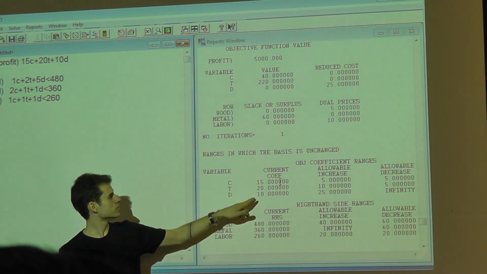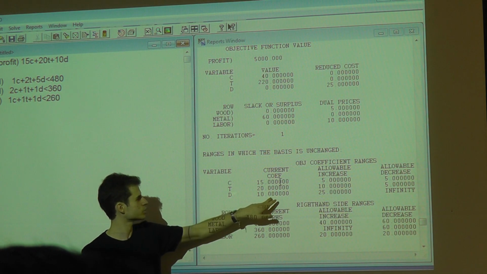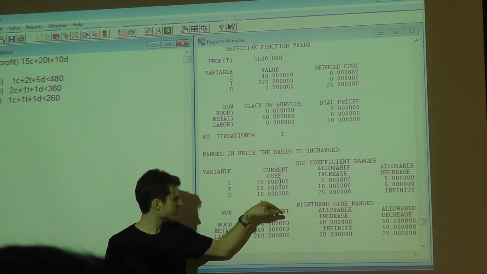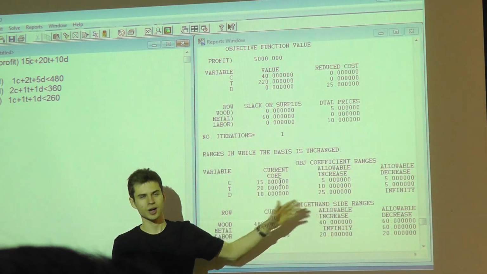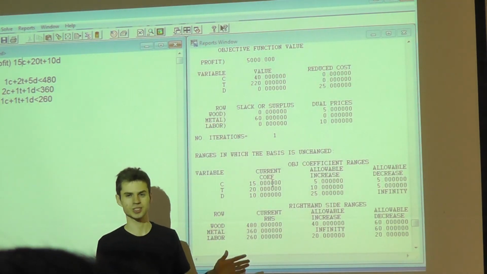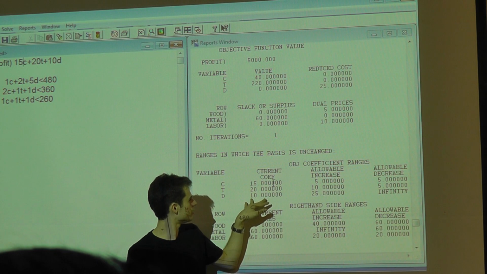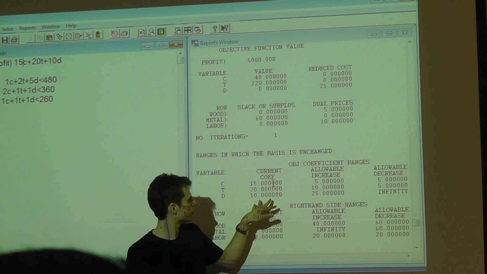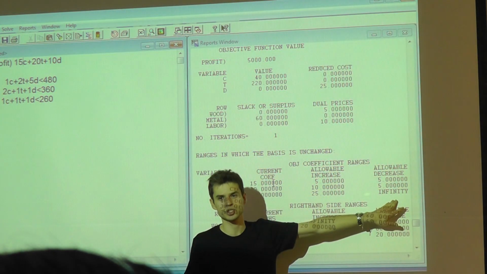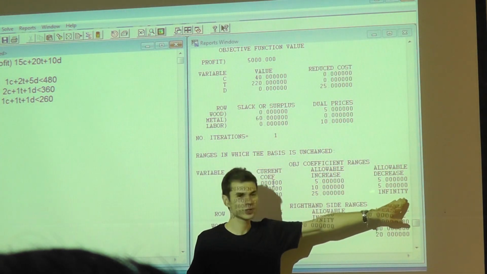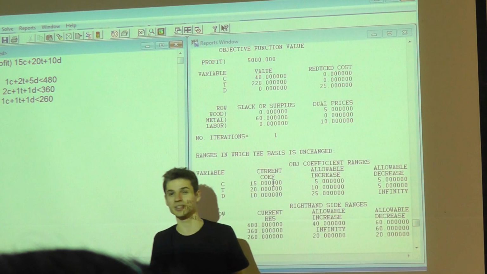This line tells you that currently the profit from production of a door is 10, and you can increase it by up to 25. And if you decrease it, you can decrease it by as much as you want, down to 0, down to minus 50.